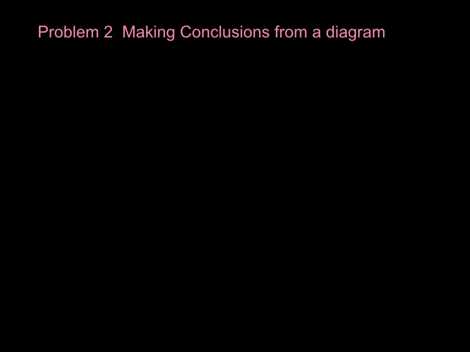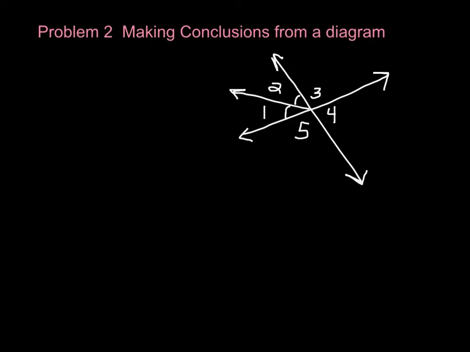So I want you to write or draw this drawing. Let's put it right next to the concept summary. So here's your drawing. I want you to list the things that you can conclude from the information in the diagram. So we're going to start with the first thing. What can I conclude? We can conclude that angle 1 is congruent to angle 2 because it tells me in the picture that they are marked, that they are congruent. So angle 1 is congruent to angle 2.